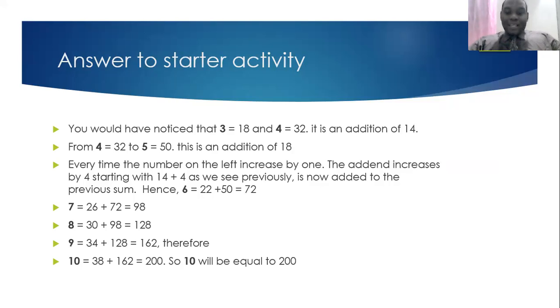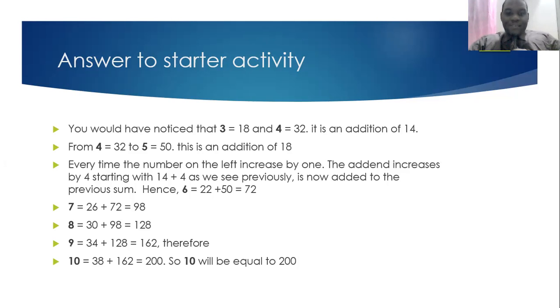Every time the number on the left increases by 1, the addend increases by 4, starting with 14 plus 4. As we see previously, this is now added to the previous sum, and that will give you the answer for the next one.